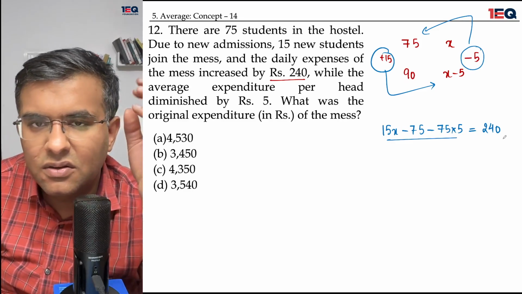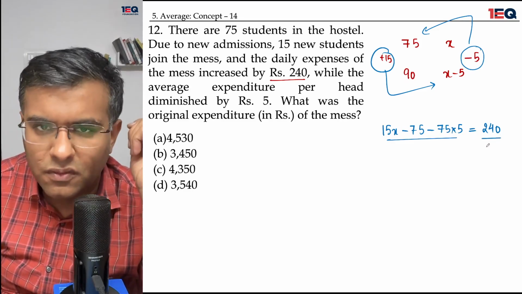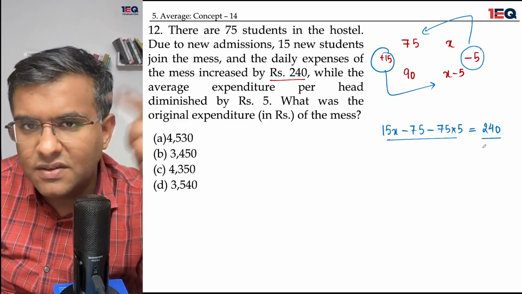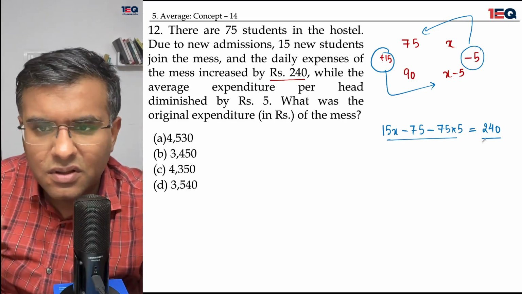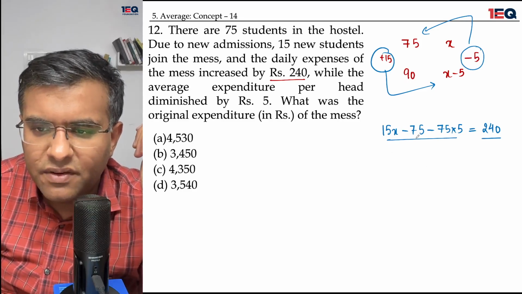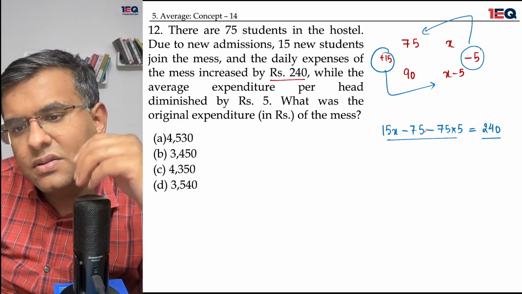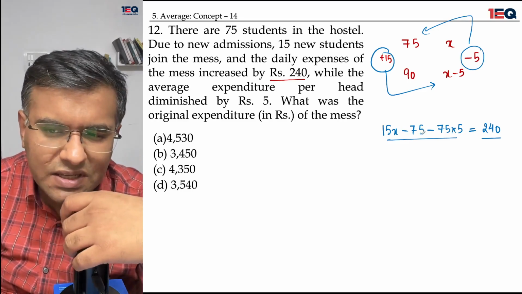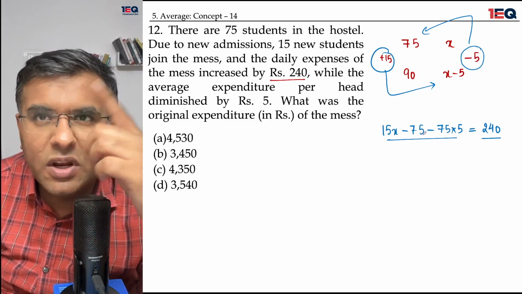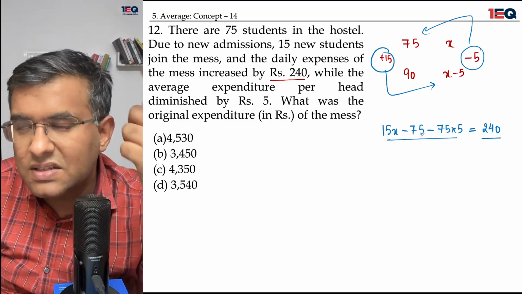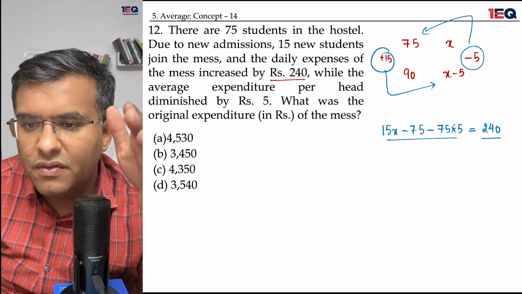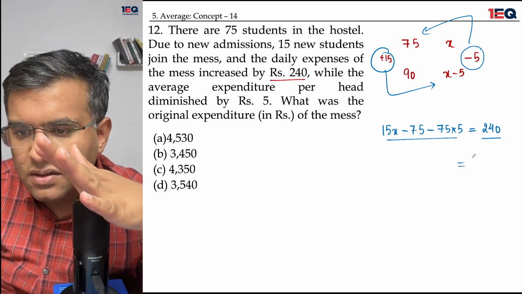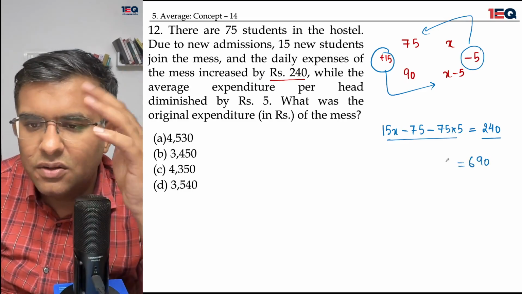The effect is on the right hand side, the reason is on the left hand side. So I have 15x, and this should be into 6, and if 2 times make 150, 6 times would make 450. 450 would go on the right hand side, this would make it 690 on the right hand side.